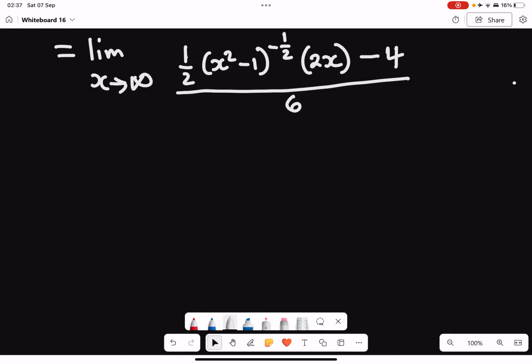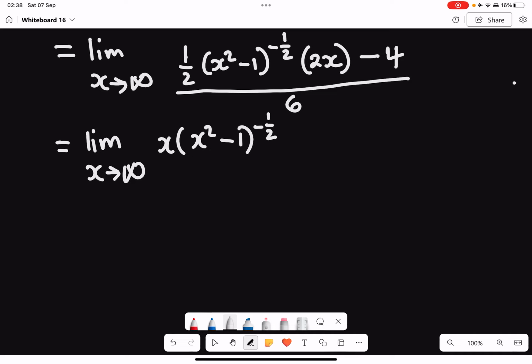So I have the limit as x approaches infinity of x squared minus 1, and remember 1 times x will be x here, to the power of negative half, minus 4 all over 6.